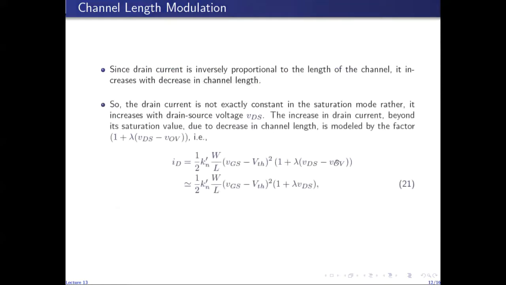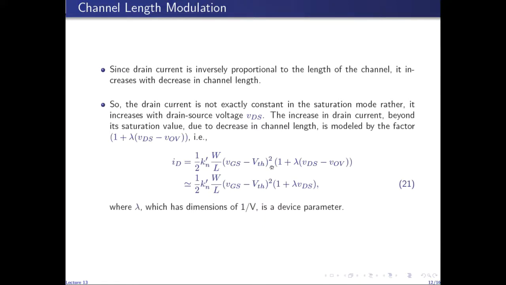So this factor will increase, so lambda times this factor will increase, which will take into account the increase in the drain current beyond its saturation value as VDS increases and as effective channel length decreases.